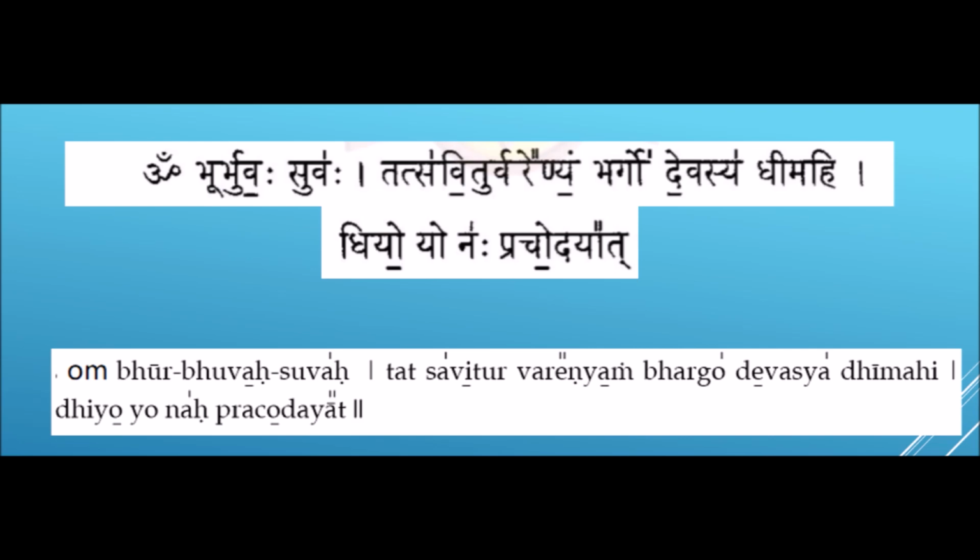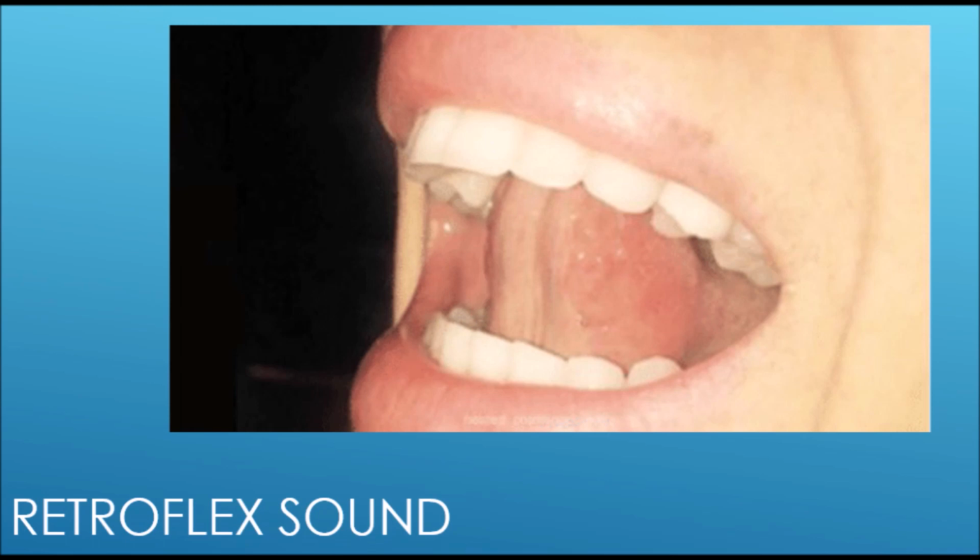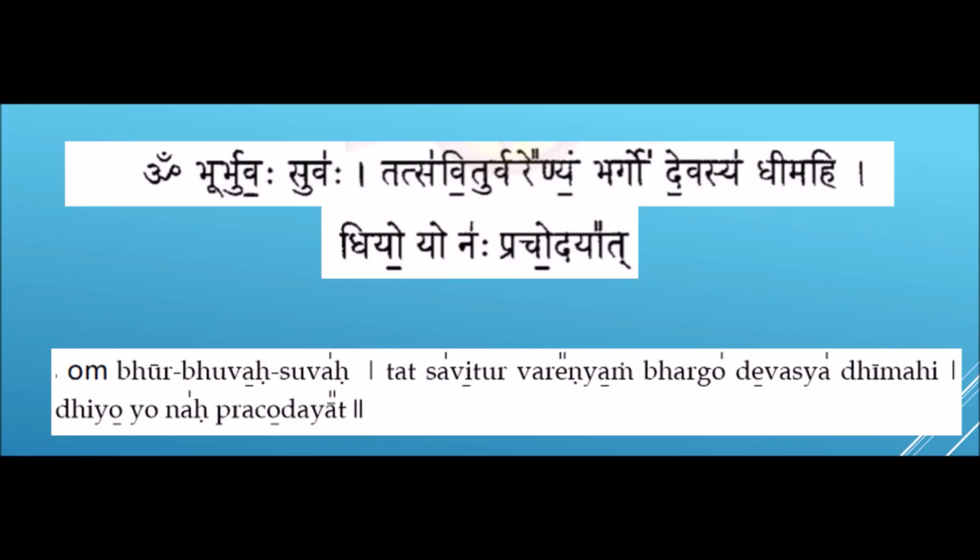Your tongue has to be in contact with the hard palate as shown in the diagram. So it sounds a little bit pressurized, like a na. It should be pronounced as Varenyam with the retroflex N, not with the dental N. If your tongue is touching your teeth when you say the N in Varenyam, that is wrong. It has to be in contact with the roof of the mouth.